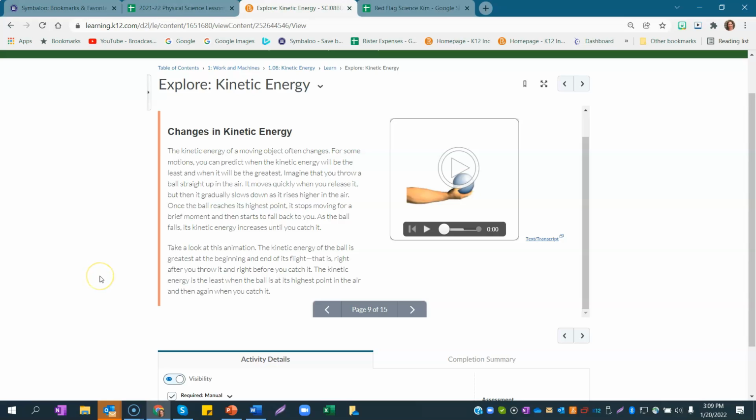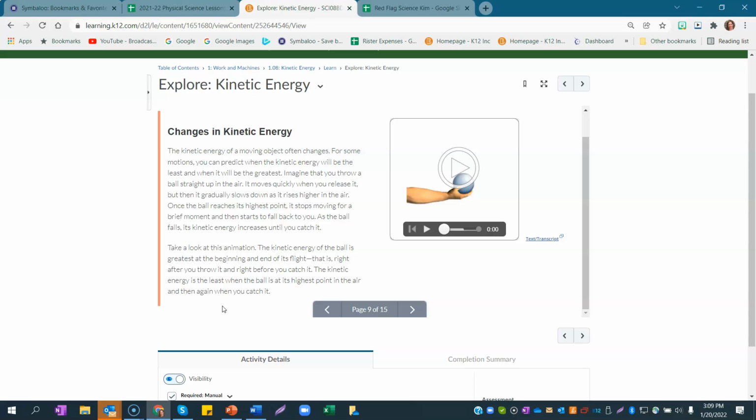So take a look at this animation. The kinetic energy of the ball is greatest at the beginning and the end of its flight. So that's right after you throw it and right before you catch it. The kinetic energy is the least when the ball is at the highest point in the air. So this may be something you want to draw out.